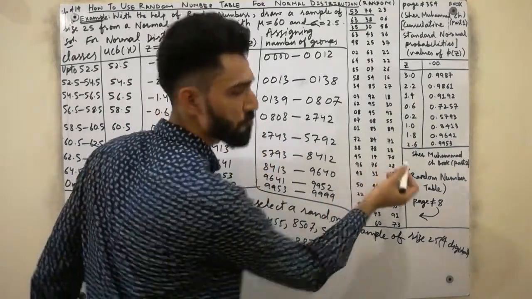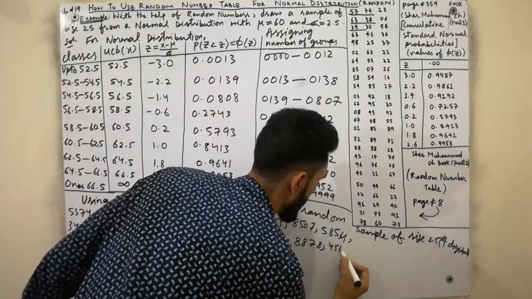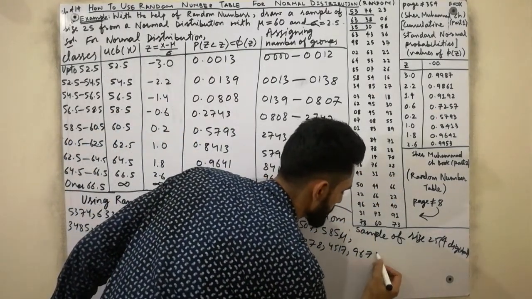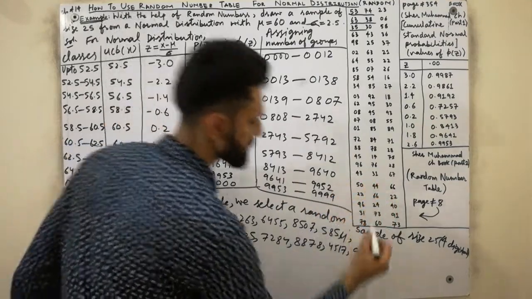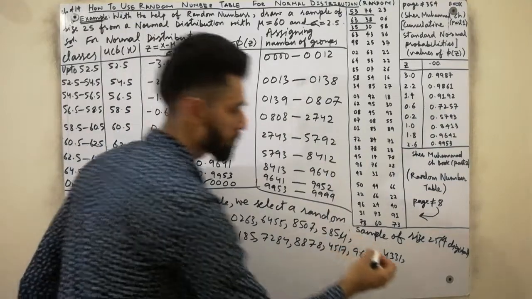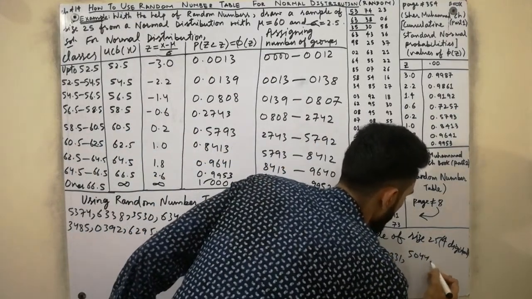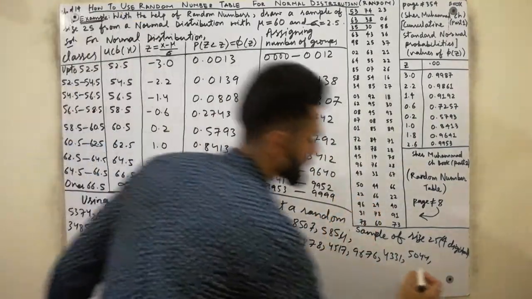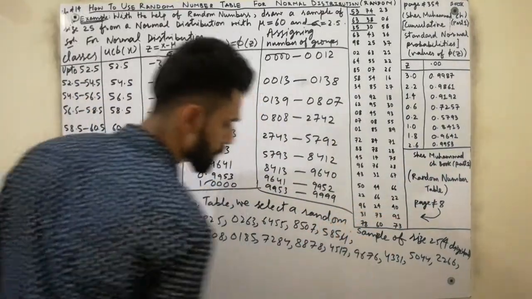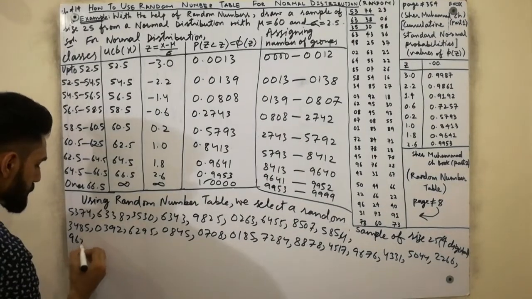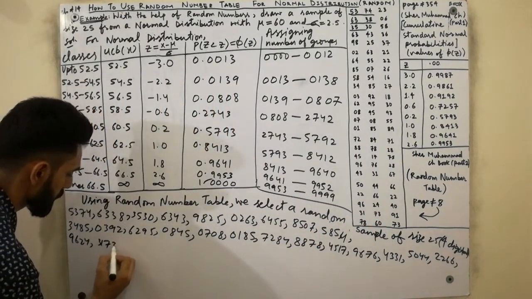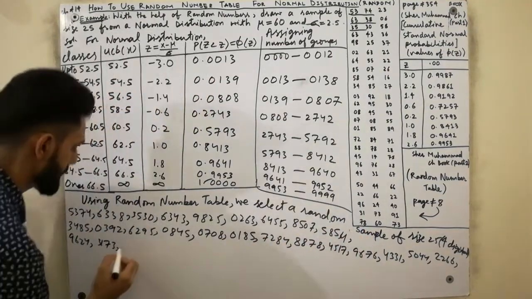Next, 4517. Next, 9676. Next, 4331. Next, 5044. Next, 2266. Next, 9624. And next, 3173. And last, 7860.